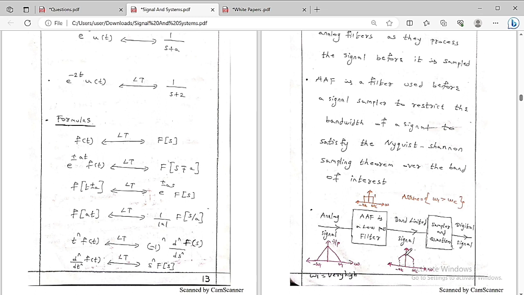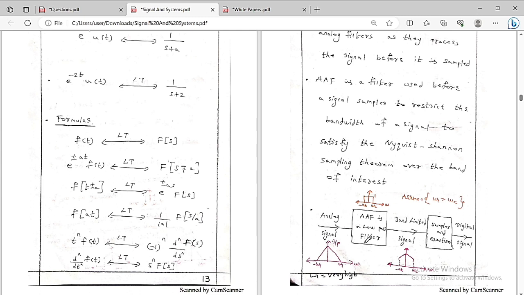This is called a band limited signal, which means it has a finite amount of band. Now we apply it to a sampler and the quantizer, and then we get a digital signal as output. What I have assumed is that omega 1 is always greater than omega c, because in the practical world omega 1 is very high, as it will have a lot of frequencies, when compared to omega c.